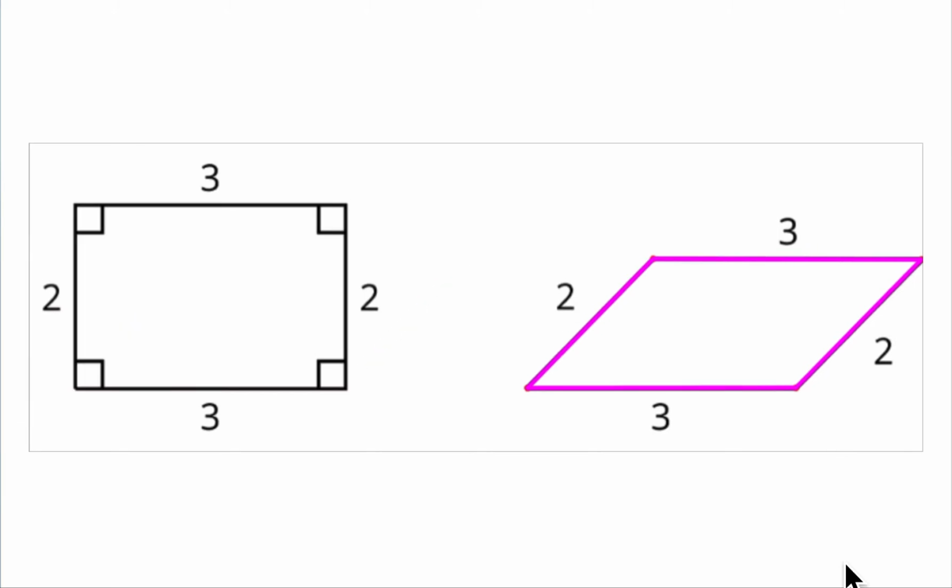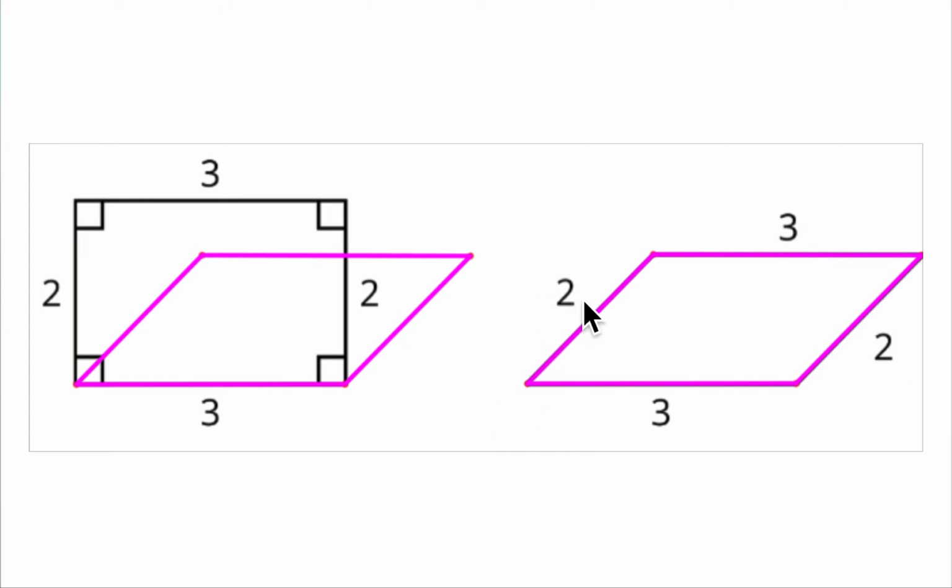And now this is a parallelogram and a rectangle. They have equal lengths around each figure: 3 and 2, 3, 2, but the angles are clearly different in size.